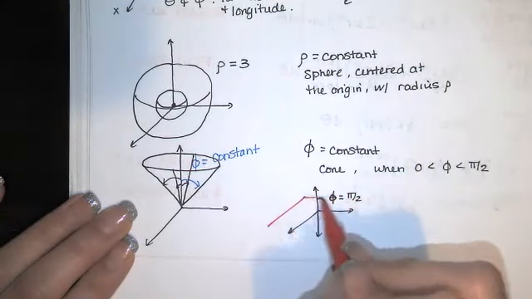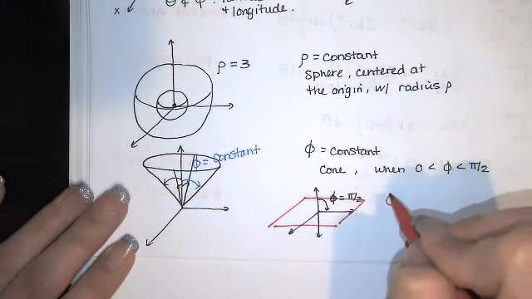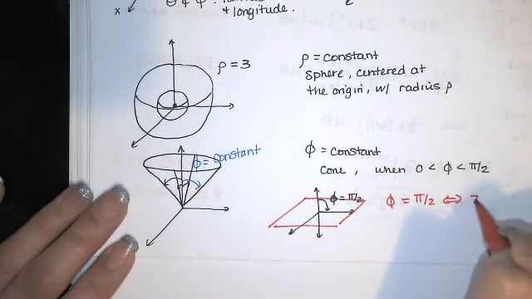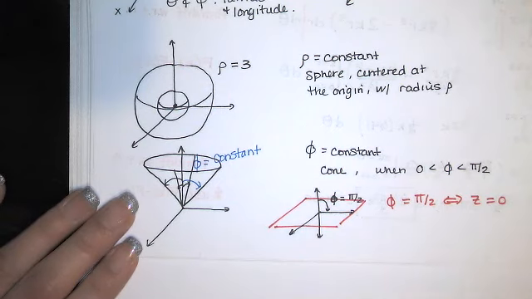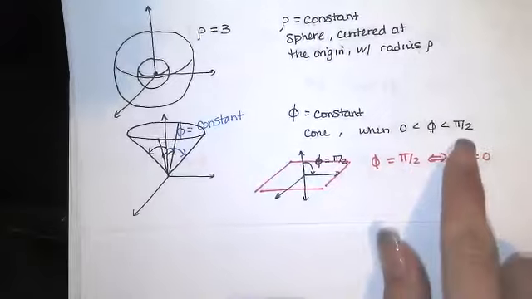That's the entire xy plane. So that's the same as z equals 0. Now, if phi is between pi over 2 and pi, we get something like this.